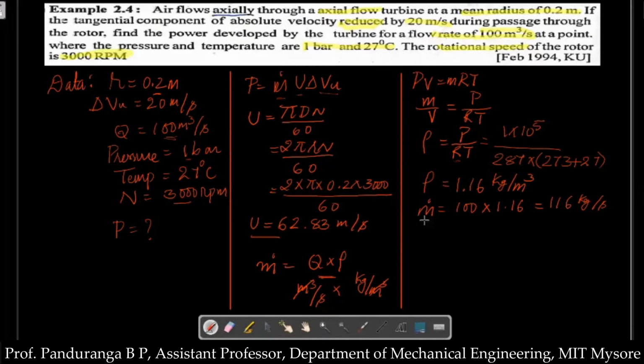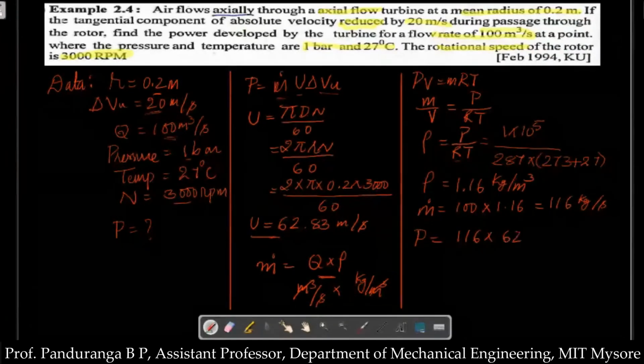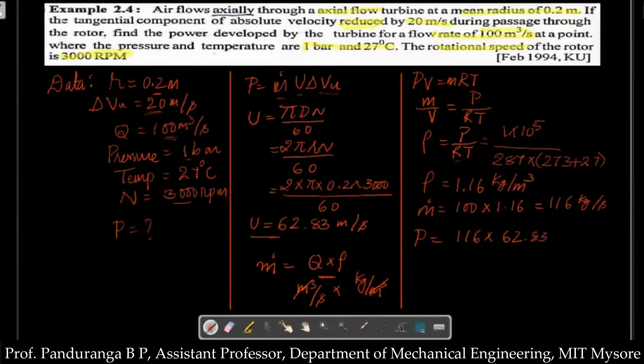Now we have the mass flow rate, we have the tangential speed of the blade, and we have the change in tangential component of absolute velocity. So we can find out the power. The power will be equal to 116, the mass flow rate, multiplied by the tangential speed, that is 62.83, multiplied by the change in the tangential component of absolute velocity, which is 20.